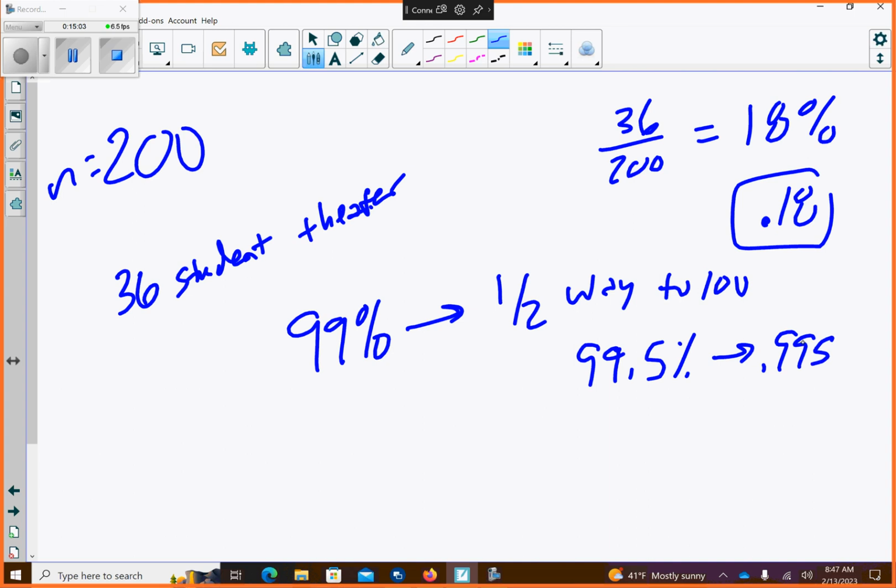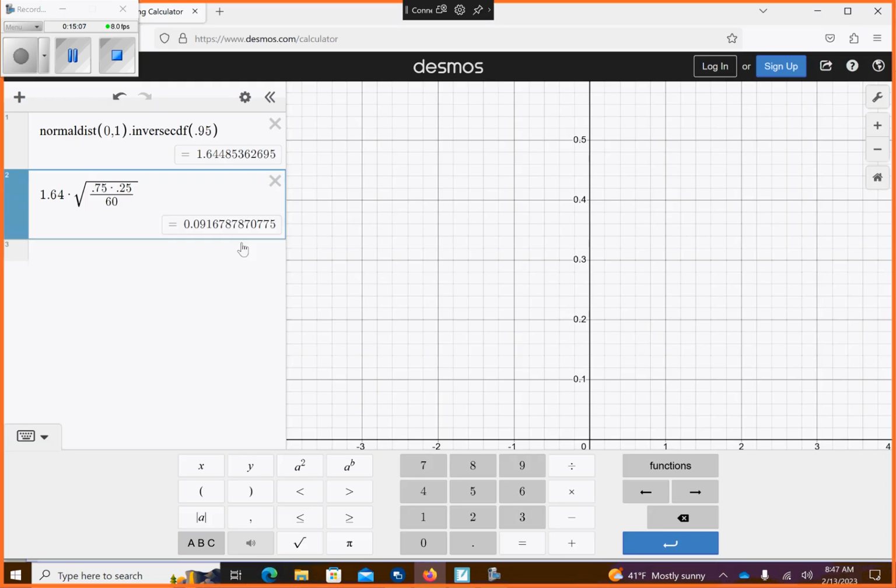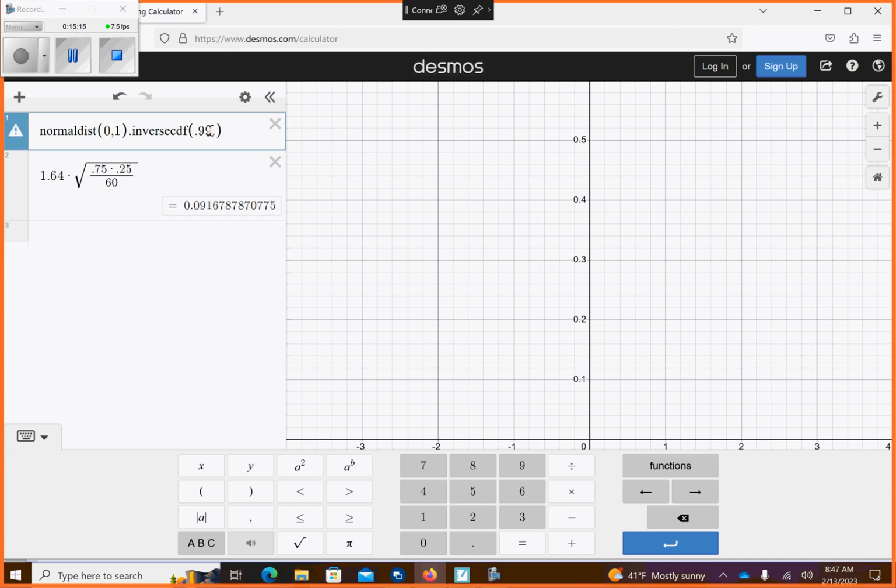And then we can go ahead and plug this in to Desmos. 0.995, not 95. So that's going to give me roughly 2.6.